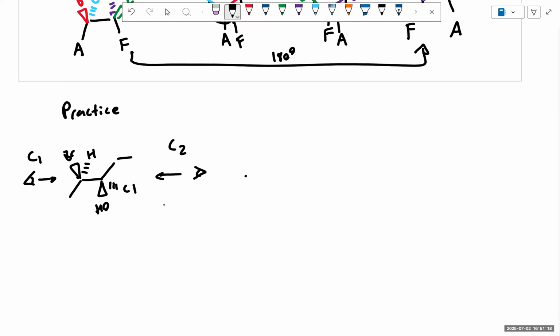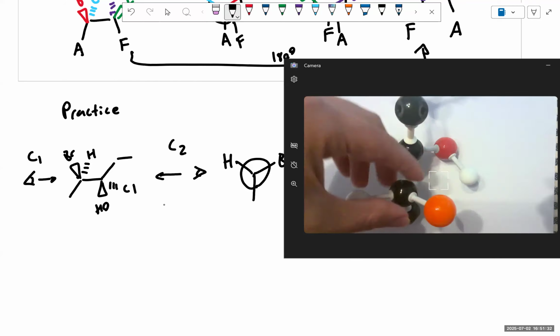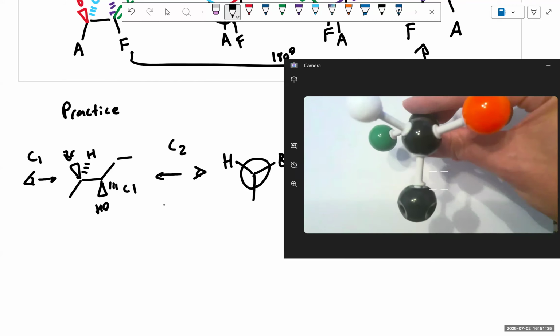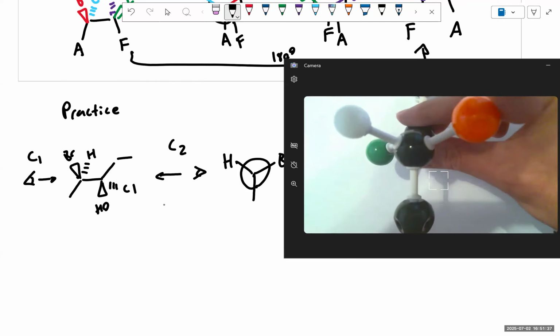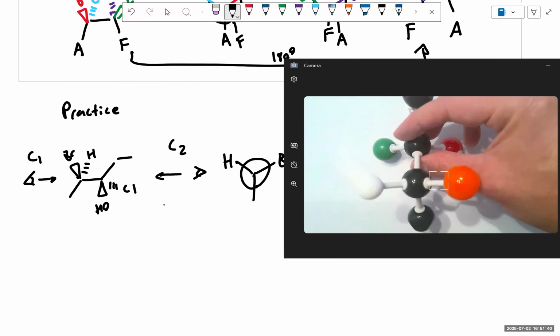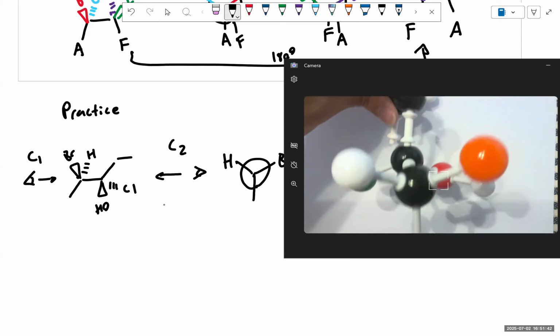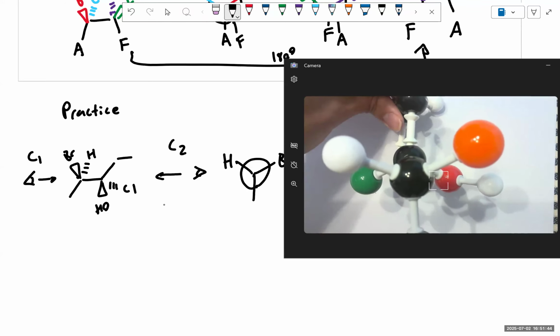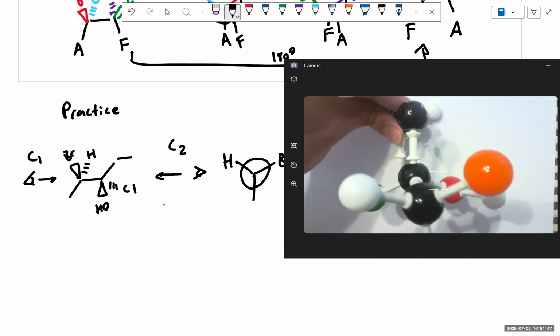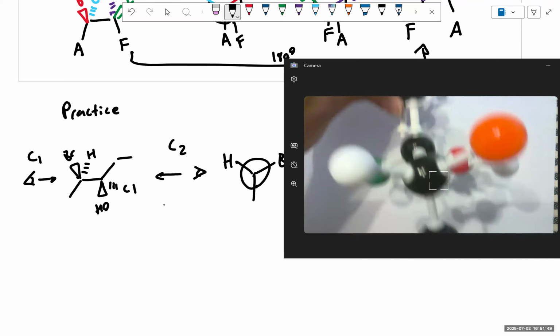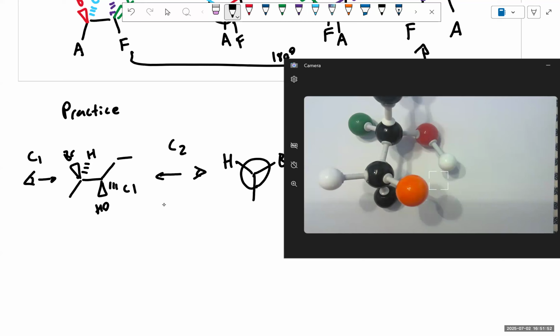In this case, on my front carbon, the methyl group is pointing down, the bromine is up and to the right, the hydrogen is up and to the left. Looking at our back substituents now, we see that the alcohol is down and to the right, the chlorine is down and to the left, and the ethyl group is up. So let's just draw that.